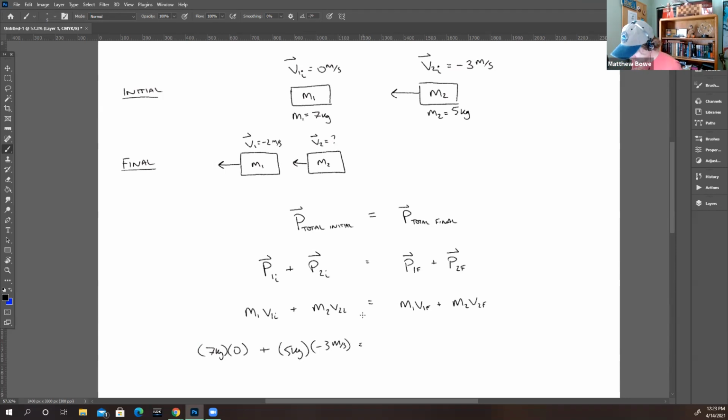And since it's not losing any pieces as it moves along, the masses stay the same, both before and after the collision. And this is after the collision, on the right-hand side. And this is the unknown.